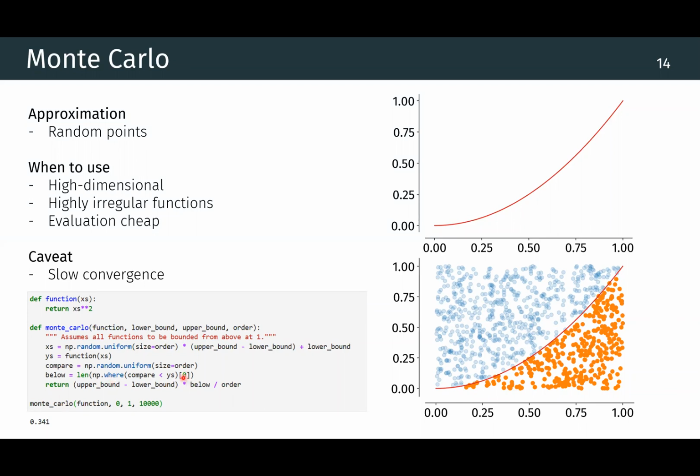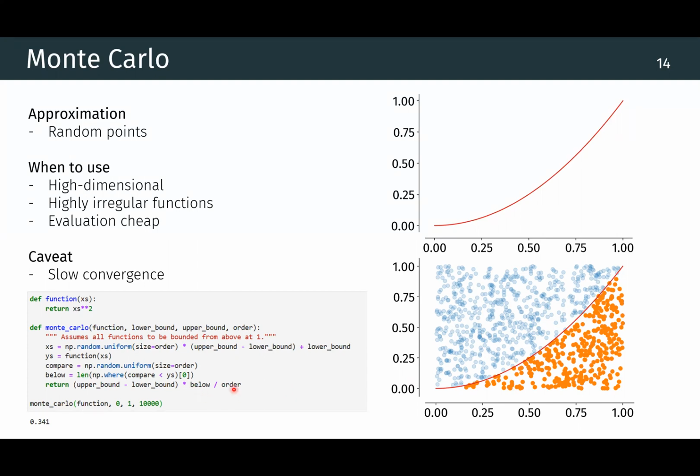With 0, we select the first axis. There is only one, but that's how NumPy works. And we specify that we'd like to know how many there are because we don't really care about where they are. They're random after all. So afterwards, below contains the number of random points which are below the function value.